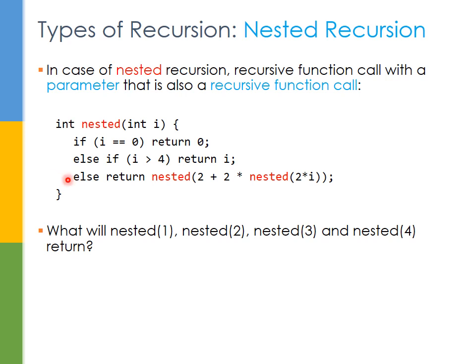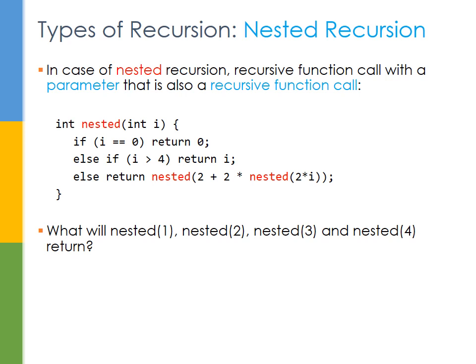But now if we move on to the single recursive case over here, we can see that we return a value, and this value is the value returned by this call to the nested function. We also need a parameter for this call, and this is produced by an arithmetic expression which involves addition and multiplication, but very importantly it also incorporates another call to the nested function, which also has a parameter value computed and sent through.